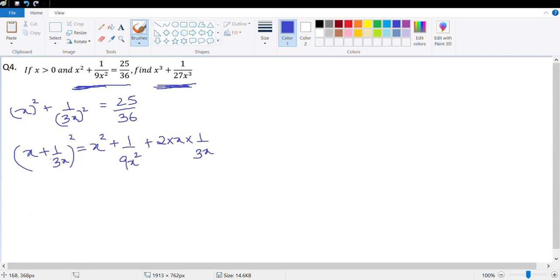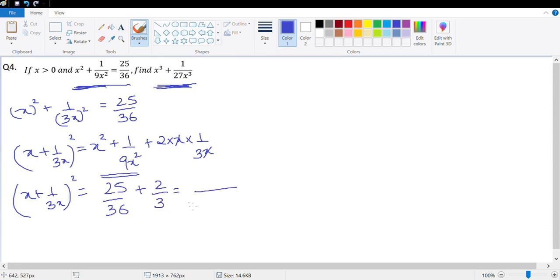Yes, a plus b whole square is equal to a square plus b square plus 2ab. The x and x get cancelled. X plus 1 upon 3x the whole square would be equal to, the value of this is given equal to 25 upon 36, and what I got from here was 2 upon 3.